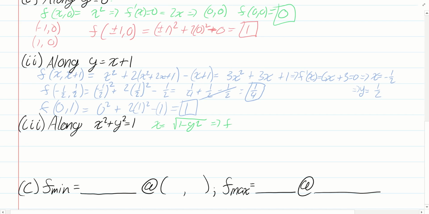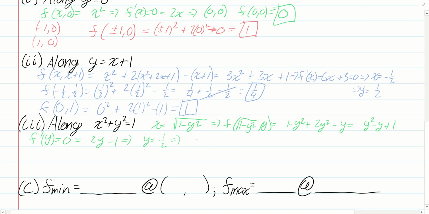Plug that into f of square root of 1 minus y squared, comma y. And that will equal 1 minus y squared plus 2y squared minus y, and that will equal y squared minus y plus 1. F prime of y equals 0, which then equals 2y minus 1, which then implies y equals 1/2.